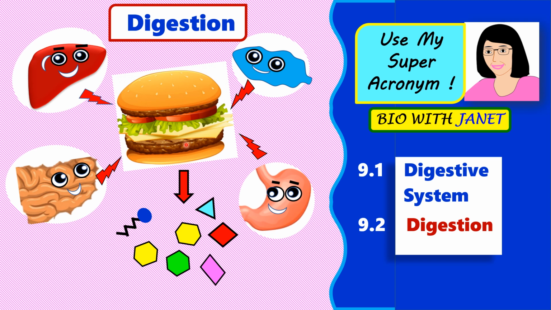So let's find out how this digestion occurs. Let's embark on a journey together to find out how the digestive system extracts valuable nutrients from food for the use of the whole body.